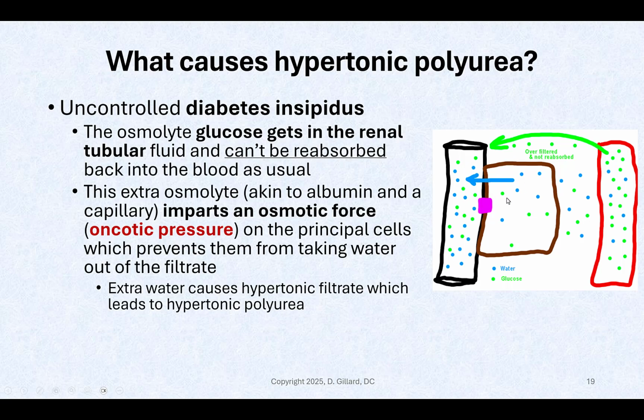And there's a cell, call it a principal cell. And here's a peritubular capillary, and there's the interstitium. So in people with diabetes mellitus, when it's not controlled, they have glucose molecules in the filtrate. A normal person would have no green glucose molecules in their filtrate.